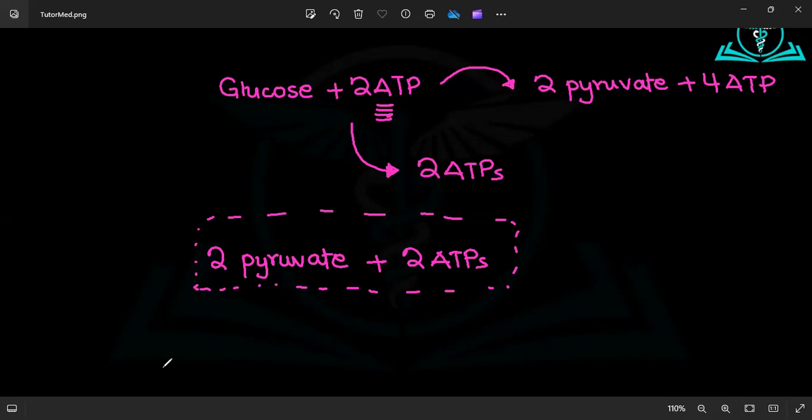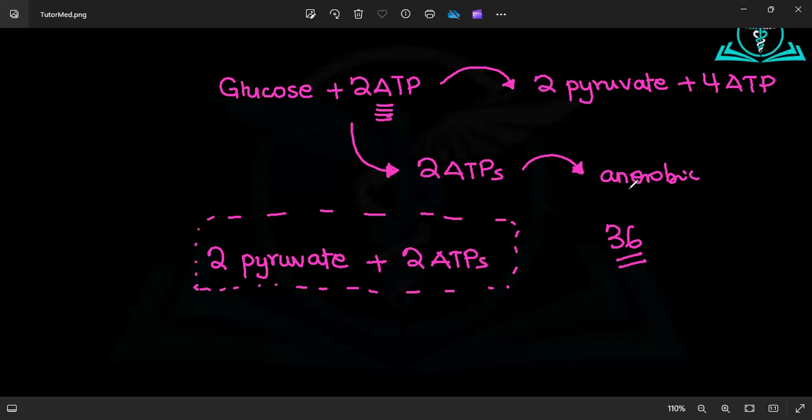That's why we are seeing that glycolysis is anaerobic. You see oxygen here, and you see that there's no oxygen here. So glycolysis is actually an anaerobic respiration. It doesn't use oxygen. So it means that it's less than 36. So the rest of the 36 will be generated by the Krebs cycle and then the oxidative phosphorylation.